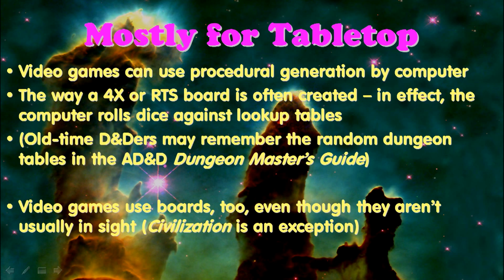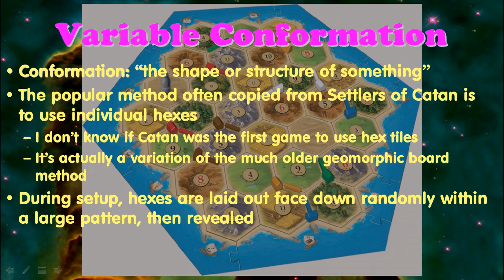But for tabletop, we can't take a lot of time to do a lot of dice rolling to set up the game. We've got to have something simpler and quicker. So, variable conformation. Conformation is the shape or structure of something. The popular method in board games, which is often copied from Settlers of Catan, is to use individual hexes. Now, I don't know if Catan was the first game to use hexes.